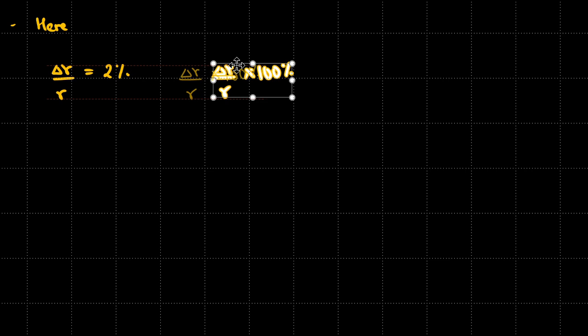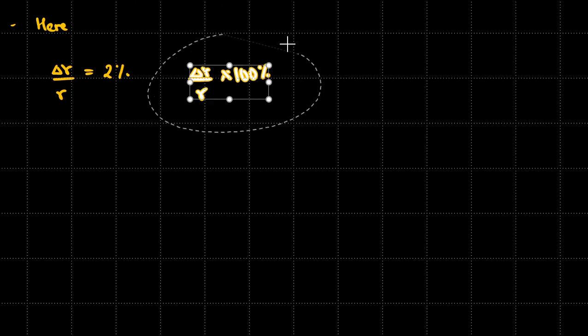Here we have been given delta r by r, which is the error in radius, is 2%. A much more accurate way will be to write this, but these are basically the same, so I'm not gonna write this.